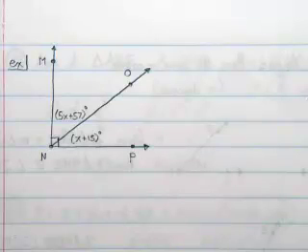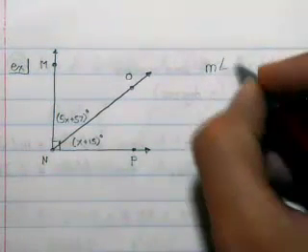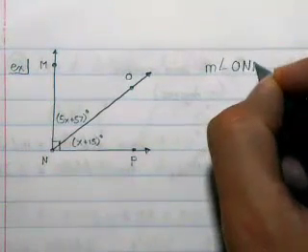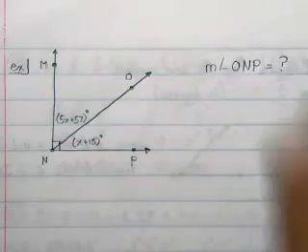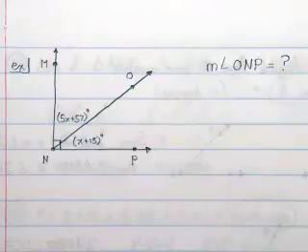So I want to figure out what is the measure of angle ONP. Now, when there's algebra involved, that means I have to figure out the value of x before I can get that. So we have to come up with a strategy using the angle addition postulate and that right angle to get after x.